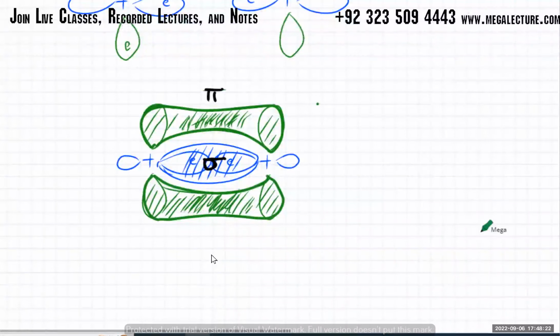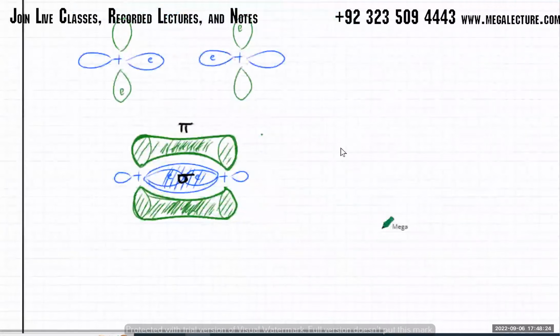Also this one as well. So you just draw this part. Or मतलब different shape, there's many ways of drawing the pi bond.